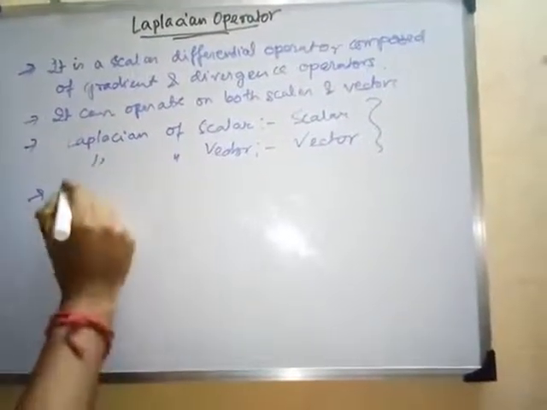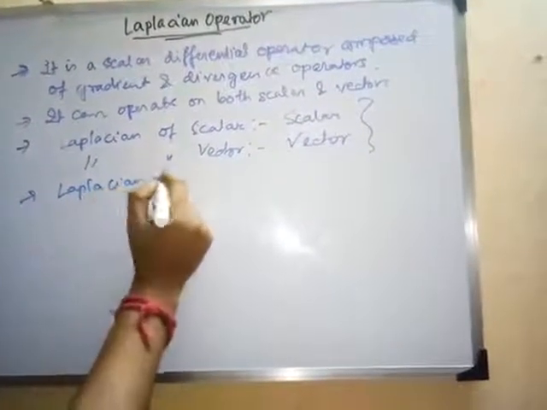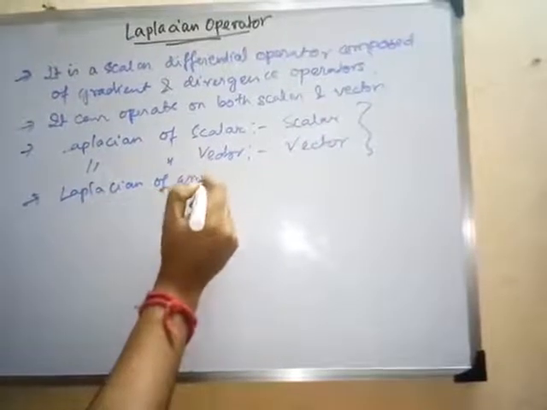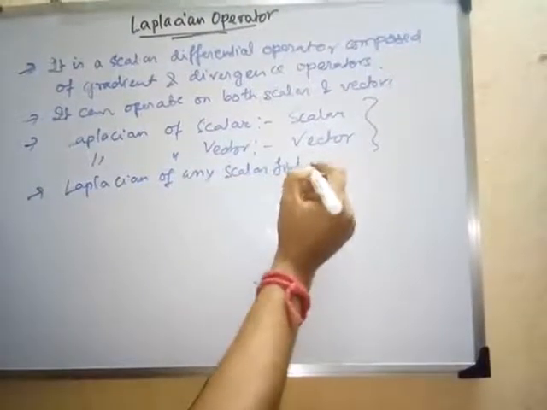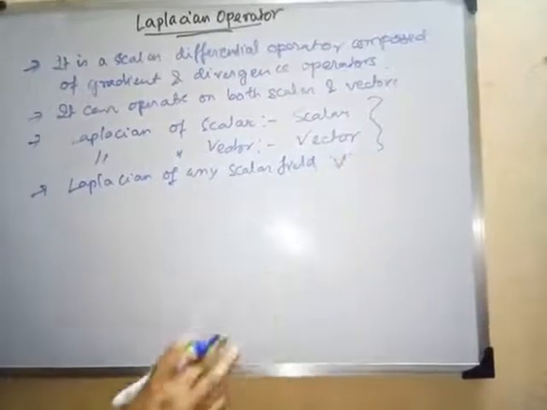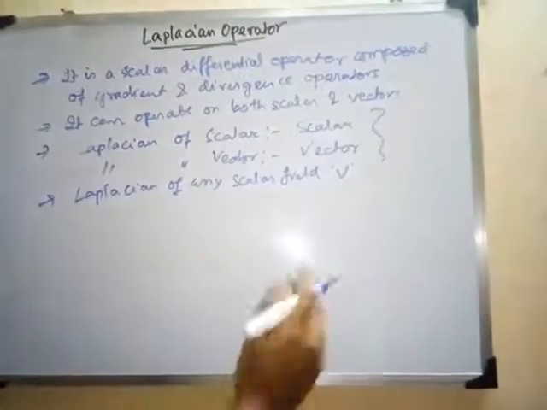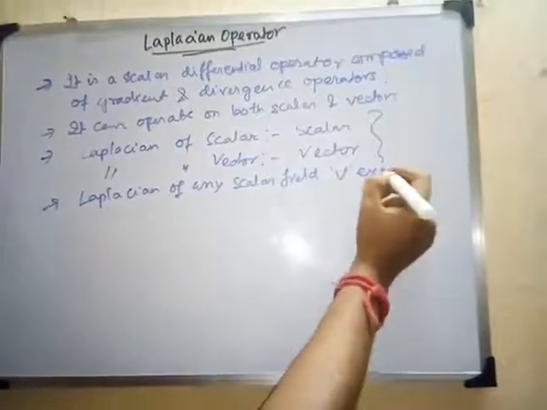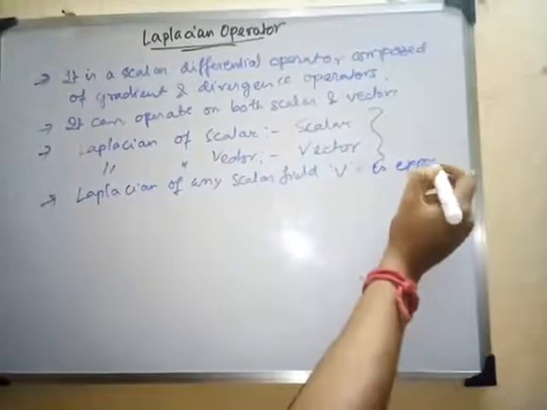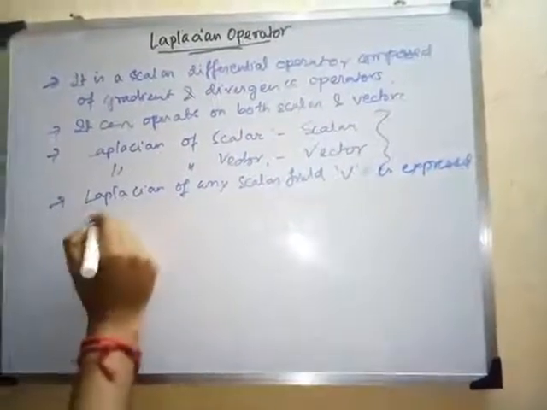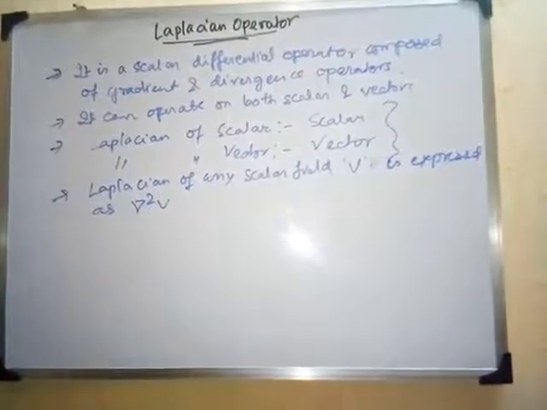So the Laplacian of any scalar field, suppose we take this as V, is expressed as del square V. Now what is this del square V?